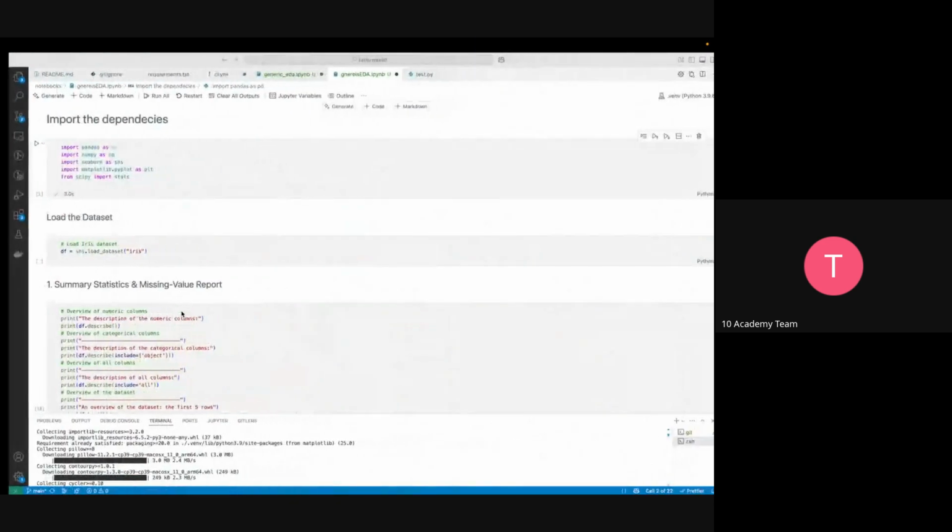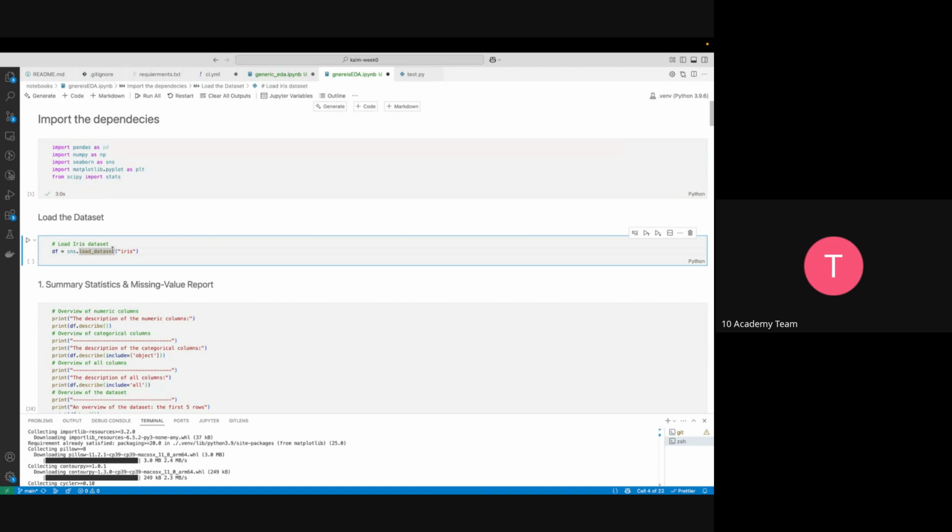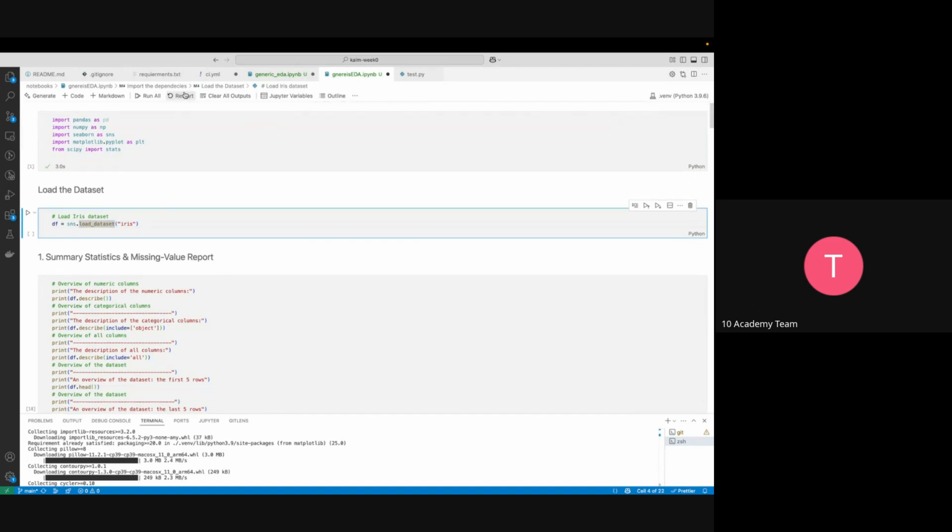So this is just importing the dependencies. Here I have pandas, NumPy, Seaborn for getting the dataset and for some visualizations, Matplotlib for plotting, and SciPy for statistics. We can run it together since it's not that intensive.